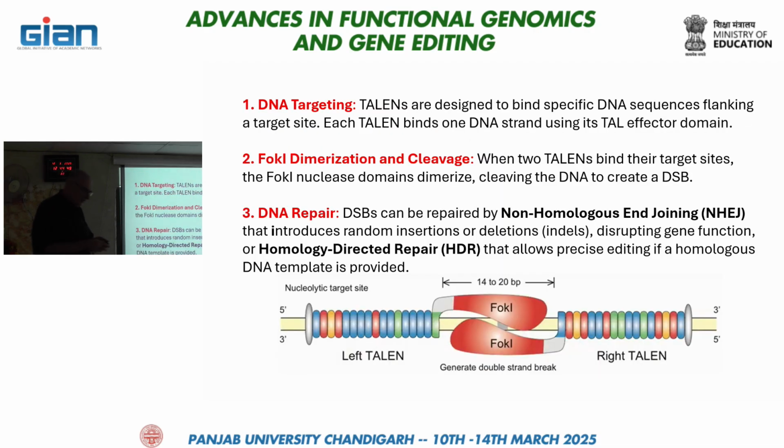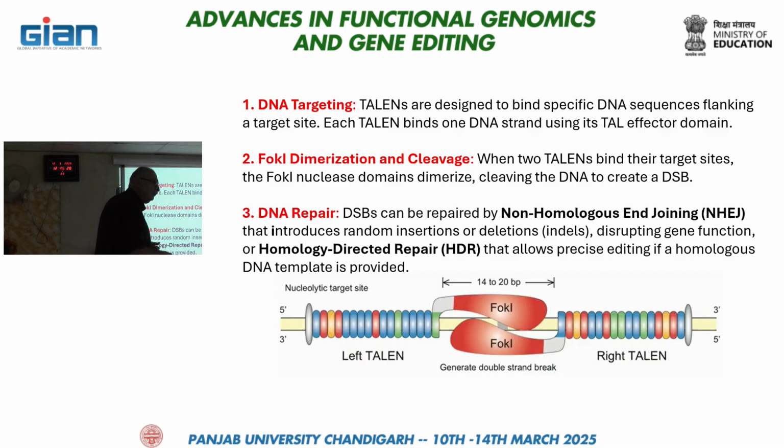And it works exactly the same as in zinc finger. So 2 nucleases are needed to cut at one place. The right TALEN recognizes this sequence, and the FokI domain, and then the FokI after dimerization will cut the DNA, the double strand, and again, this double strand break can be repaired by 2 different pathways.